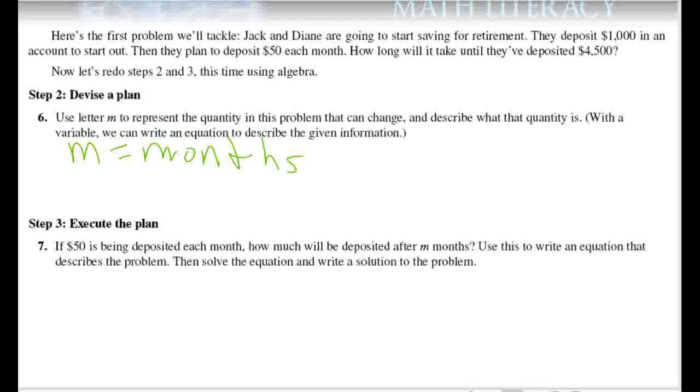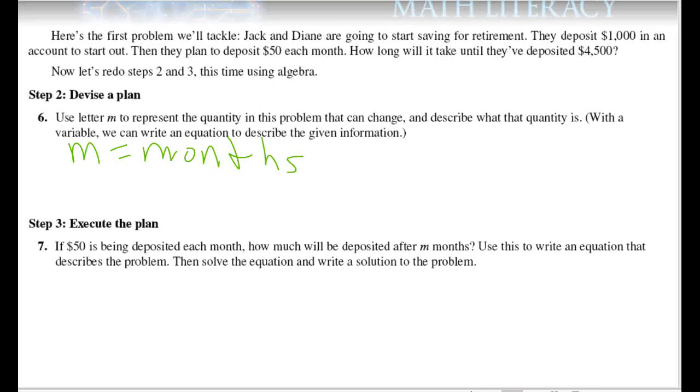Okay. Question 7, we're actually starting to write expressions using the variable. So come back to the video once you've answered question 7. Okay, question 7. If $50 is being deposited each month, how much will be deposited after M months? Hopefully we got that figured out from the work we've done before.